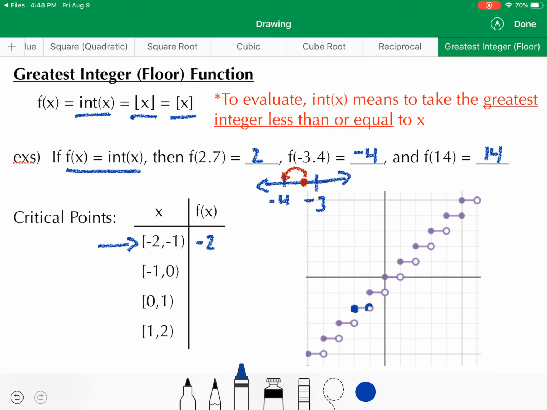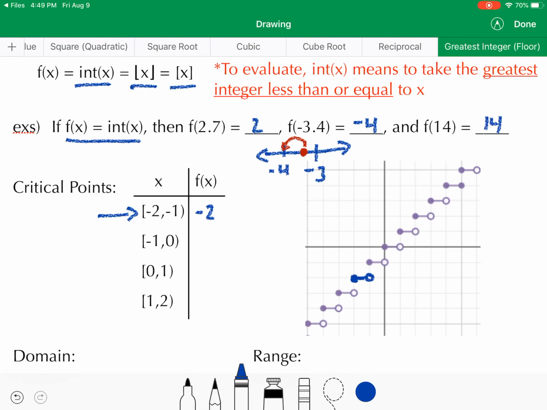So graphically, I represent that with this open point. Then I connect the two to represent all of the points whose x-coordinates are between -2 and -1 that have that same y value of -2. So that one interval just led me to an infinite amount of points that look like one step of a staircase.